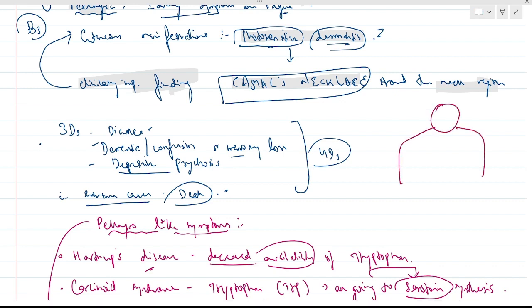A type of necklace formed around the neck region of the patient. This is called Casal's necklace. This is the most important clinical finding, leading to the conclusion that it is B3 deficiency.